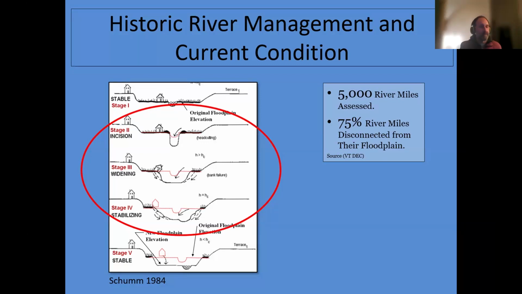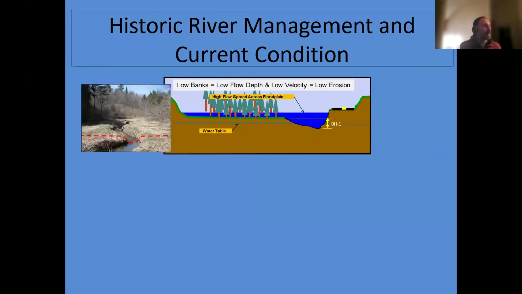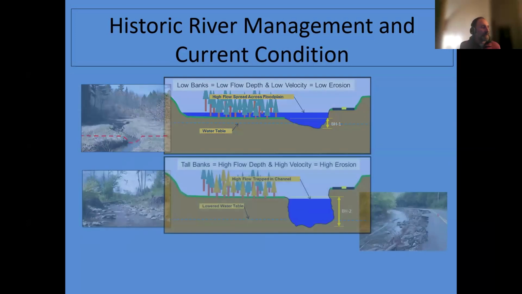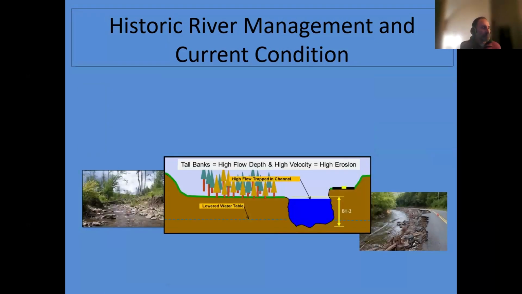And we just see incredible instability and incredible damage to our rivers and surrounding landscapes and infrastructure during flow events. Instead of these nice small channels that can flood when you get a flow event of 2 or 5-year magnitude, we have these incredibly large channels, right? And instead of that flow escaping onto the floodplain, it's trapped in the channel. And again, the consequences for surrounding investments we are all too familiar with.